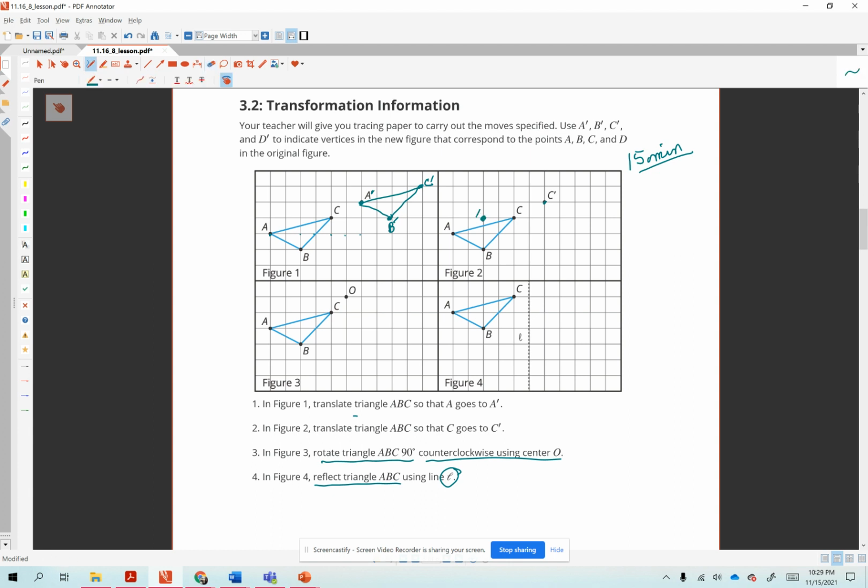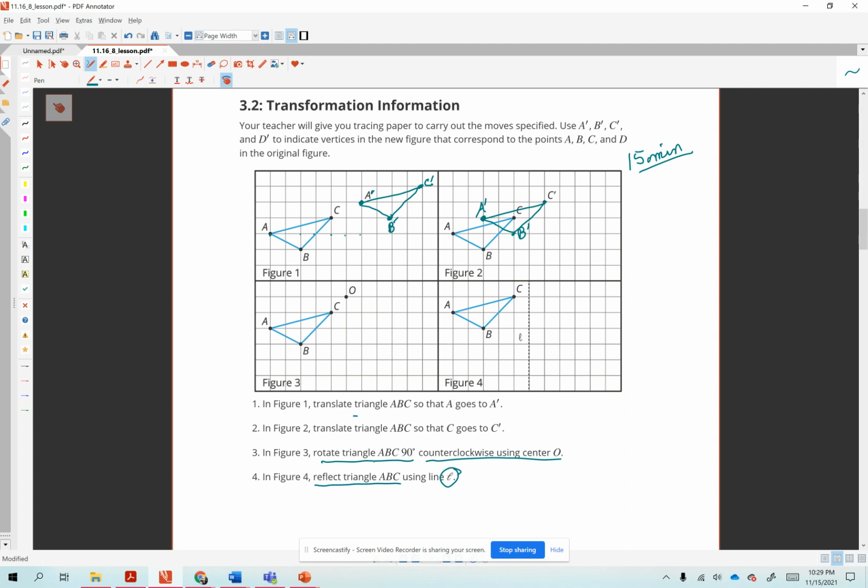And with B, so this is A prime, B prime, and we'll connect those. And there you have it. We have the same figure as A, B, C, but we've shifted it so that it is 3 units to the right and 1 unit up.